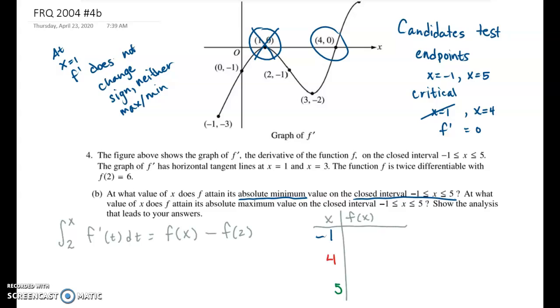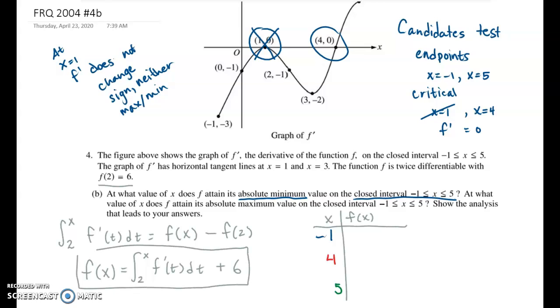Because f is an antiderivative of f prime. And the reason I chose 2 is because I know that f of 2 is equal to 6. So if I ever want to know what f of x is, then I just need to take the integral from 2 to x of f prime and add 6 to it. So this is a formula for giving me f even though I don't know it.